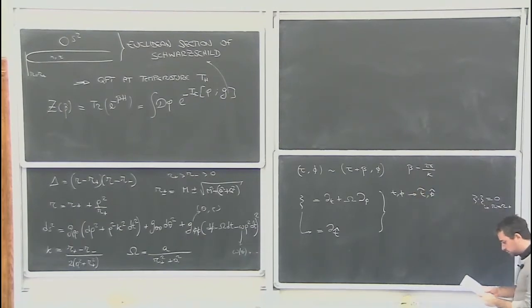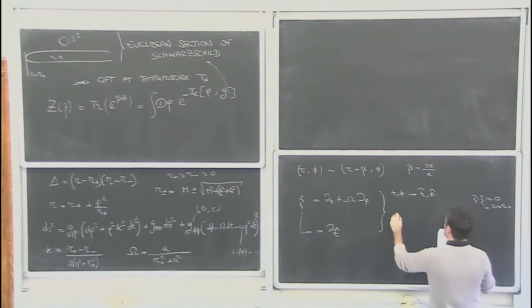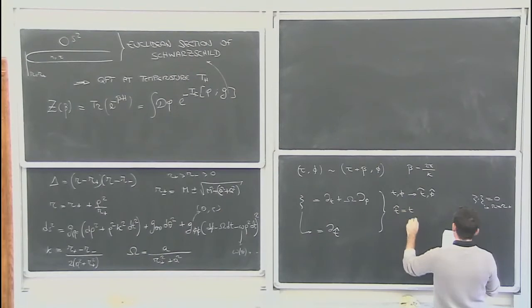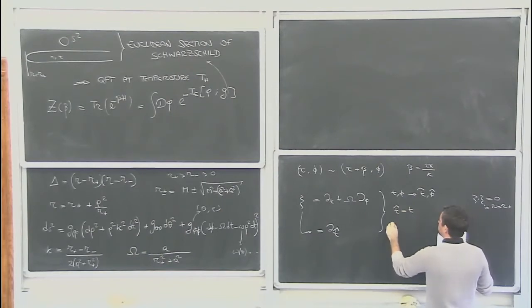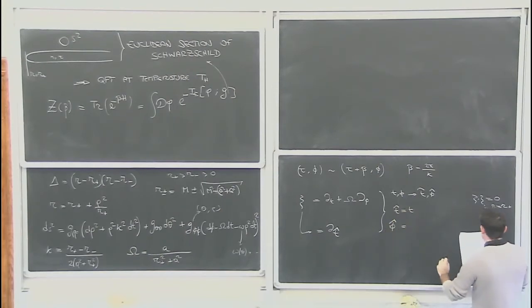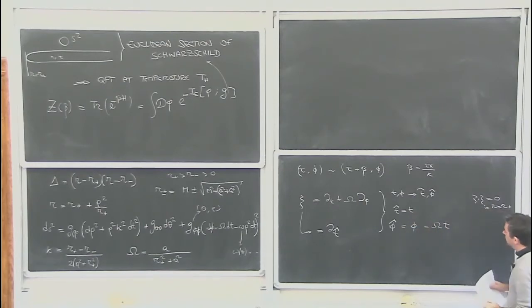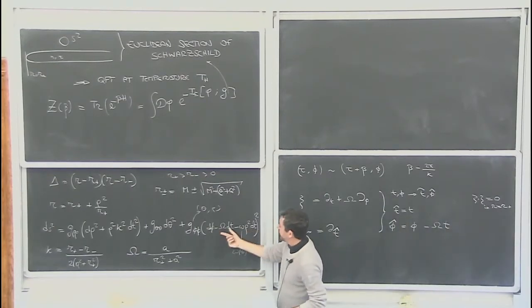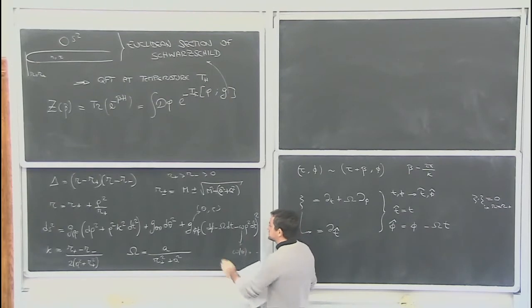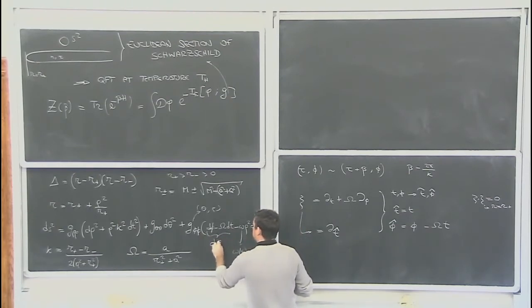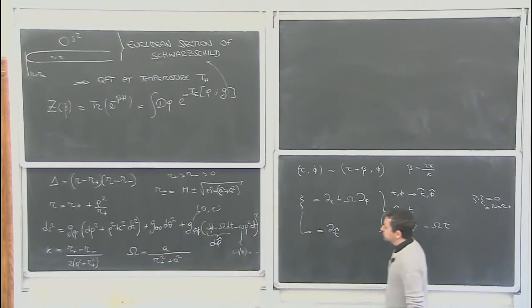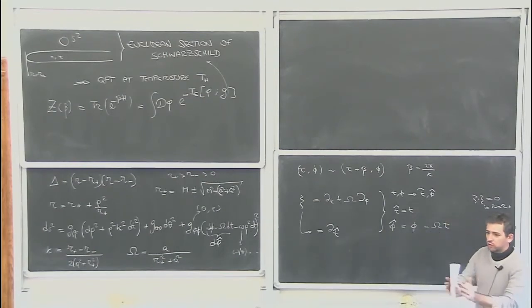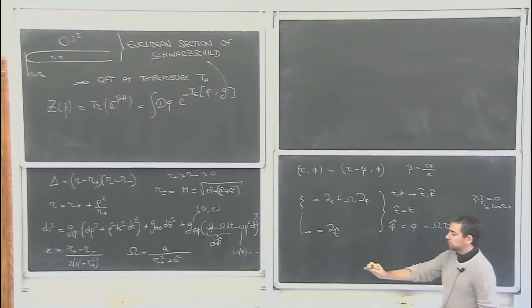Now, again, modulo the usual confusing signs, it should be t hat equal to t as before, and phi hat is linearly related to phi minus omega t. And if I did things properly, it seems so, this offending piece goes away. This is just d phi hat.